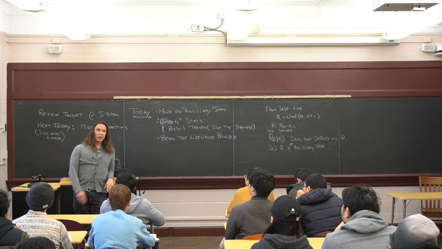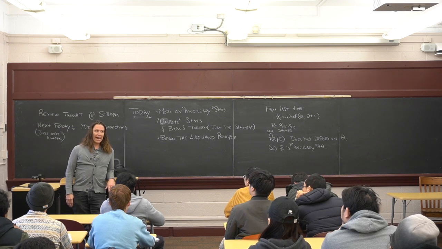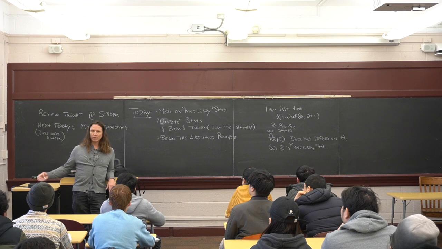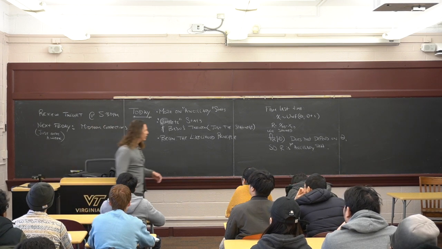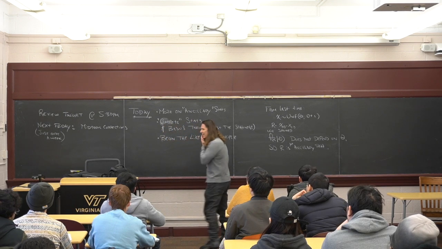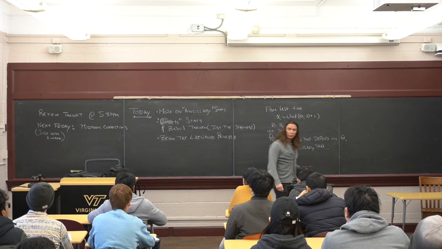That's okay. So what I want you to glean out of that is that it's hard to prove something is complete because you have to show something happens across all functions out there, and that can be a difficult thing to prove. The nice thing is that Basu's theorem doesn't actually help us to do stats or to do inference.